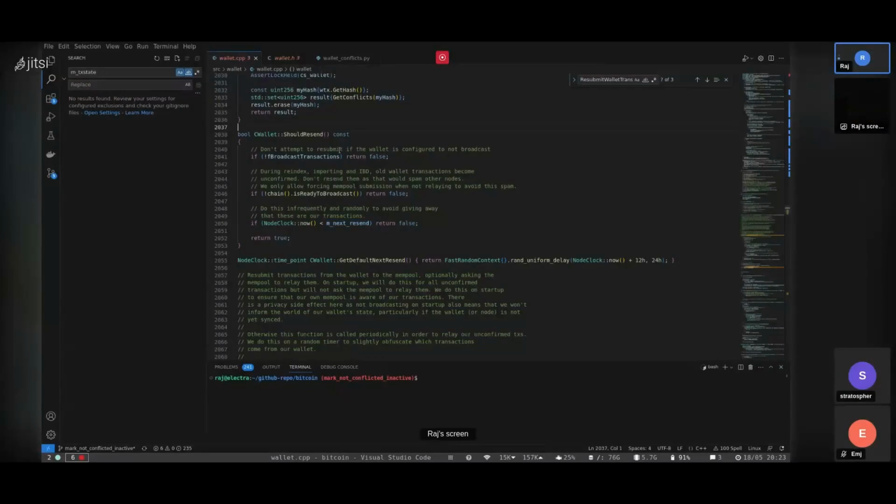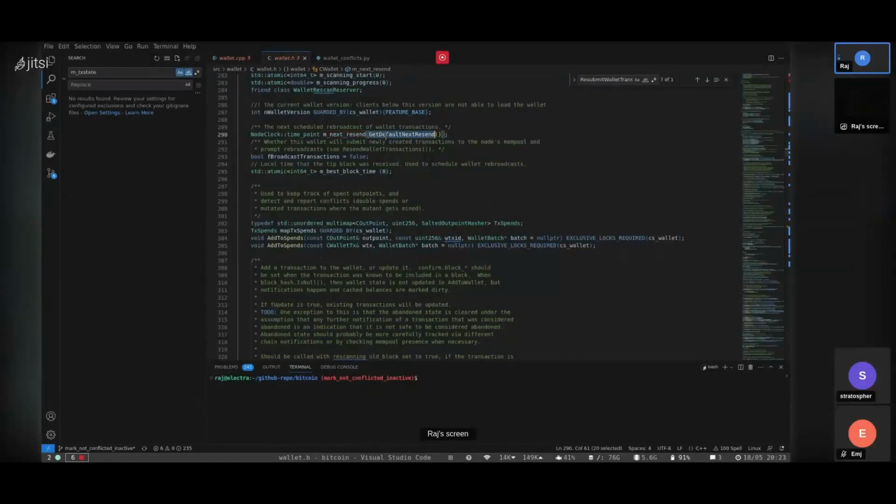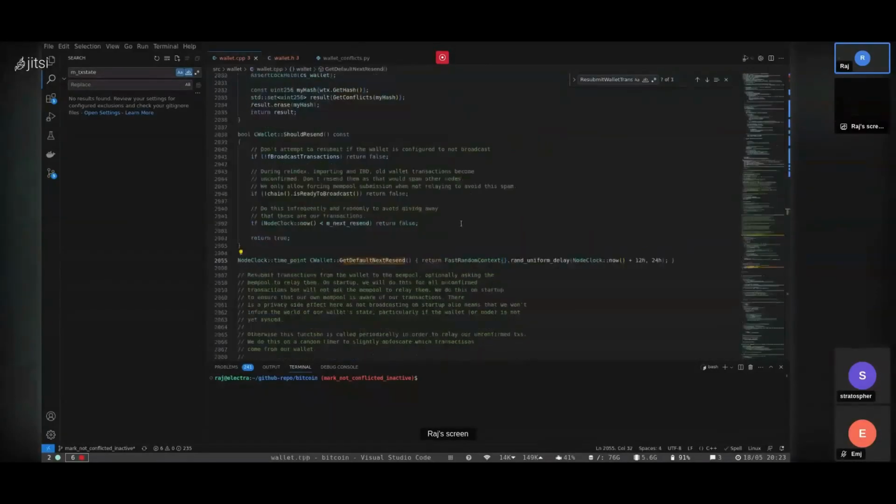Then the wallet should resend transactions. And this is that next resend number that we just checked, which is the wallet default, a uniform random delay from now from 12 hours to 24 hours.